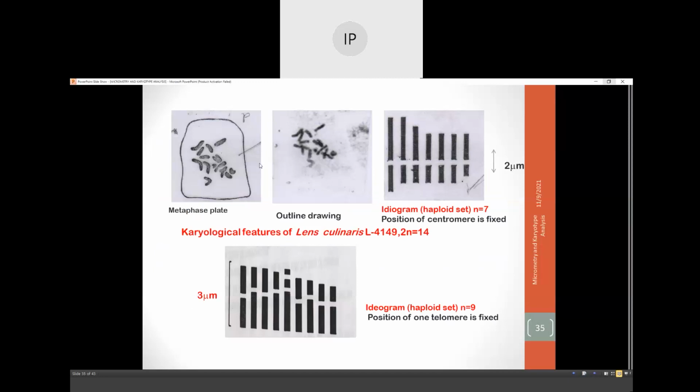This slide shows the metaphase plate of the material whose data has been shown, the outline drawing and the ideogram. In this, the centromeric position has been fixed and a scale of 2 micrometer is taken. In the lower one, one of the telomeres has been fixed, so the centromere comes as it is. This ideogram has a haploid chromosome number n equal to 9 and this has haploid chromosome number n equal to 7.